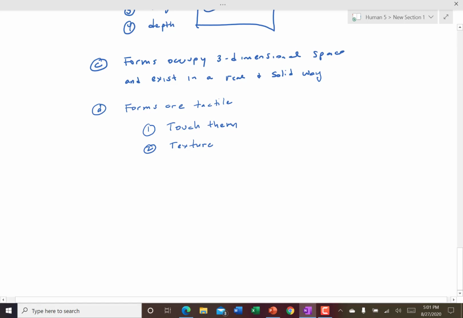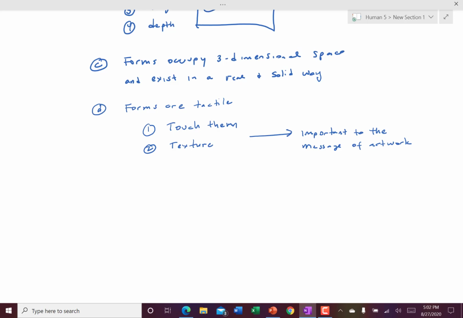And this very much is important to the message of the artwork, right? If you're looking at a form, if you're looking at a sculpture, you very much want to pay attention to the texture of that sculpture.